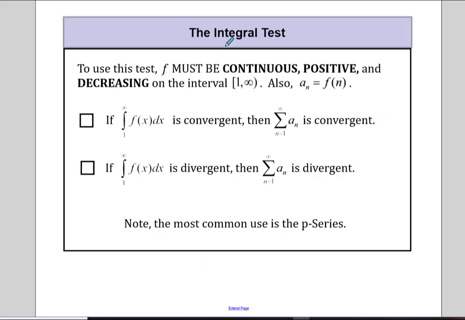In order to use the integral test, 4 things have to happen. We have to have a continuous function. The function has to be positive. It has to be decreasing, and we're only looking at the interval from 1 to infinity. So we're defining the integral test here: they either both converge or they both diverge.